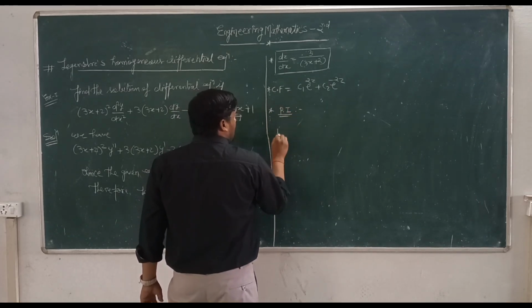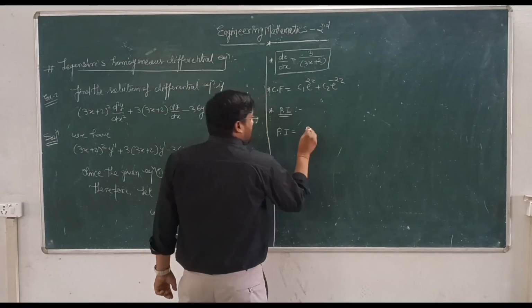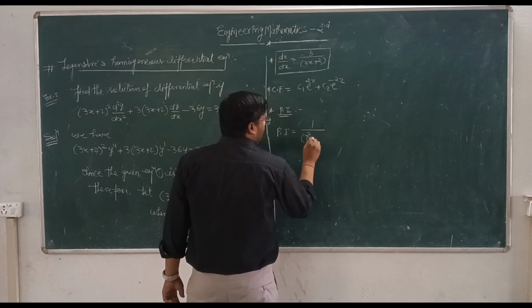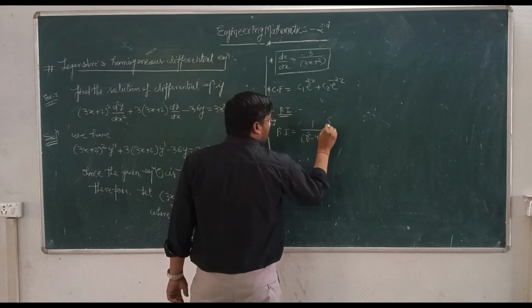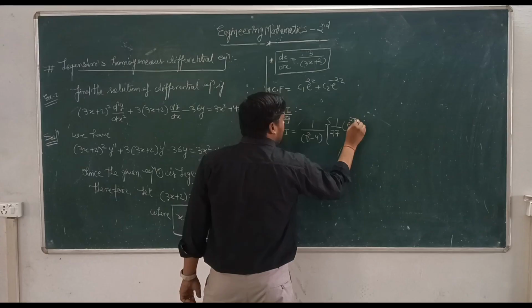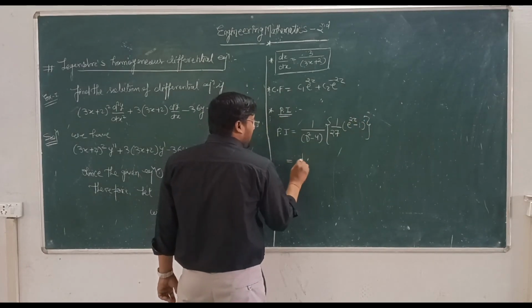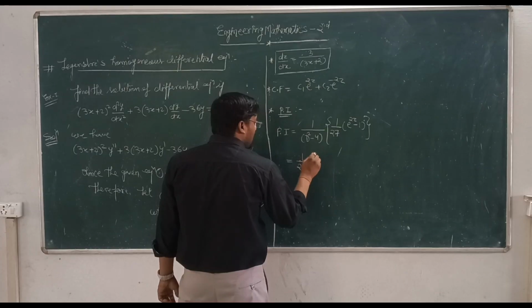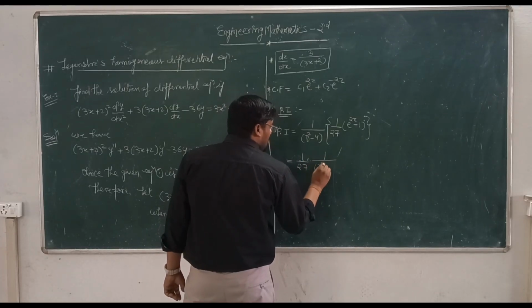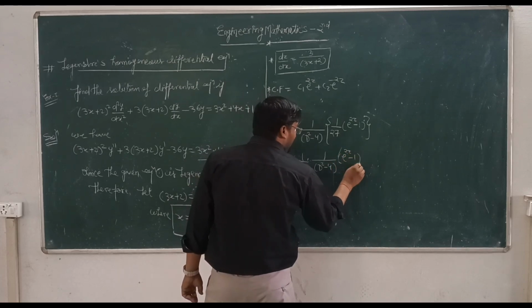PI = 1/(D² − 4) · 1/27 (e^(2z) − 1). Now you can write 1/27 · 1/(D² − 4) (e^(2z) − 1).